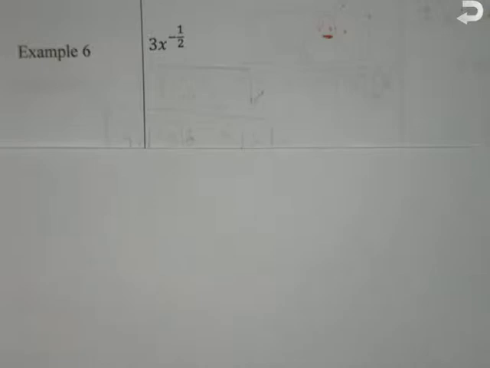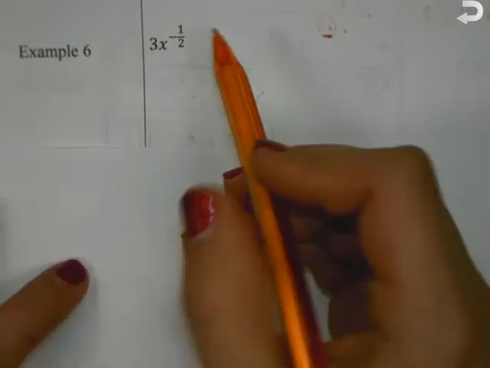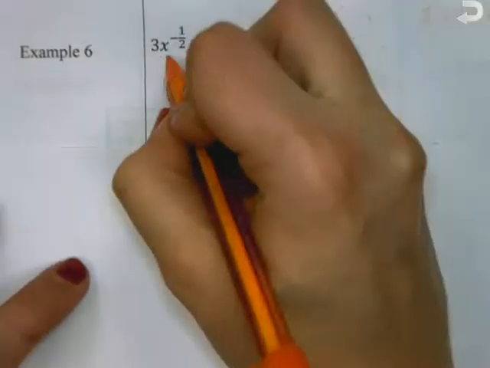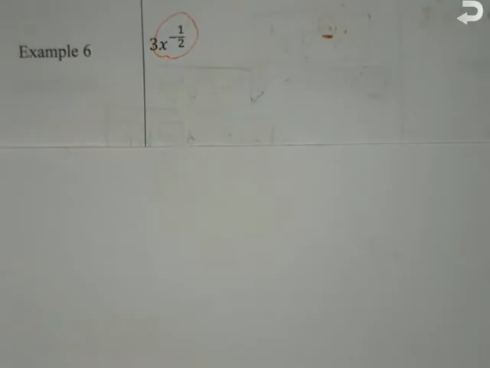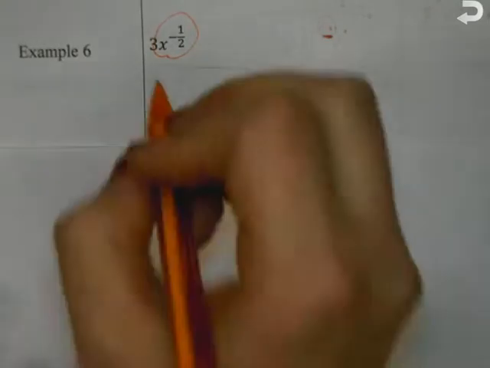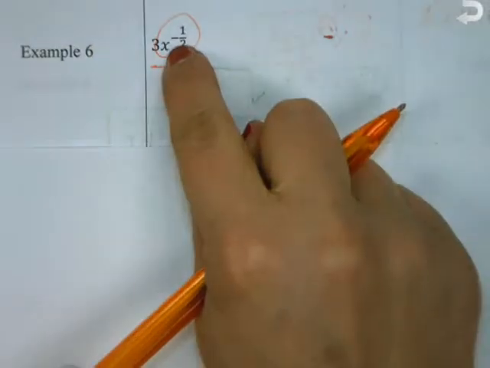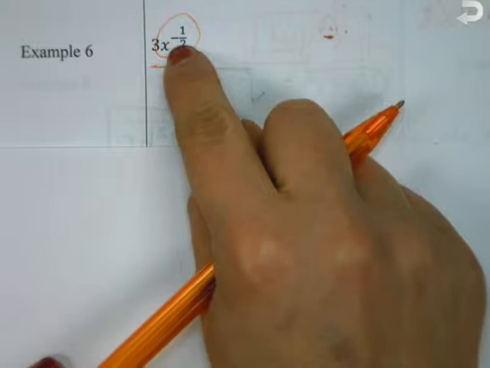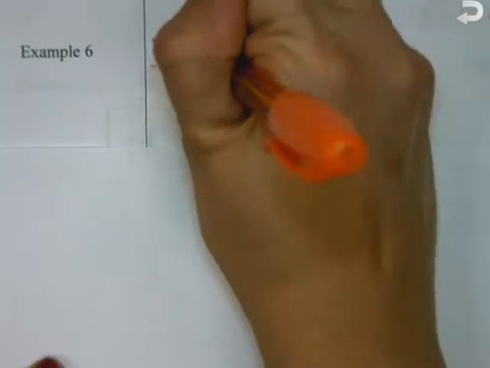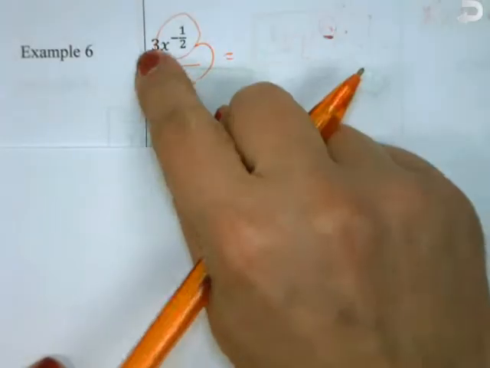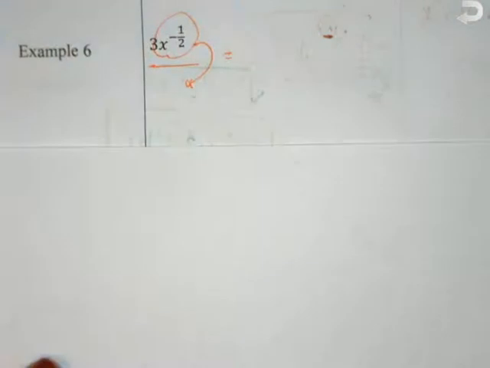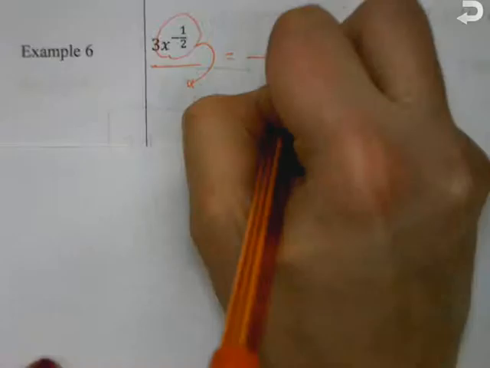So, first of all, we have something that is not allowed. What is it? The negative exponent. So what do I have to do with that negative exponent? Bring it to the bottom. Does the 3 move anywhere, or does it get to stay? It stays. So this is 3 over x to the positive 1/2.